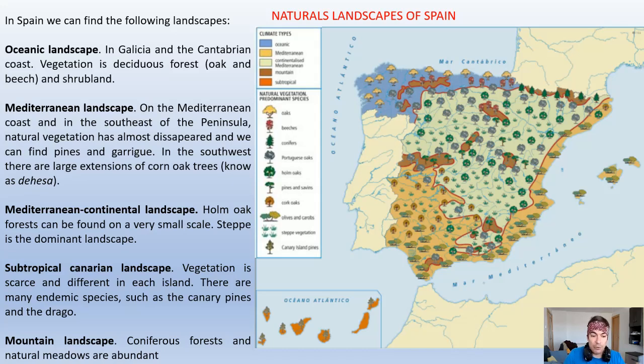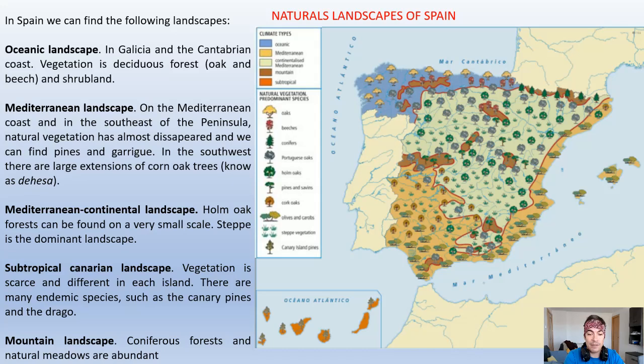Then we have the subtropical Canarian landscape in the Canary Islands, in which the vegetation is scarce and different in each island. And what is important here is that there are many endemic species. An endemic species is a species that only appears, exists, or grows in a specific territory and not in the rest of the world.